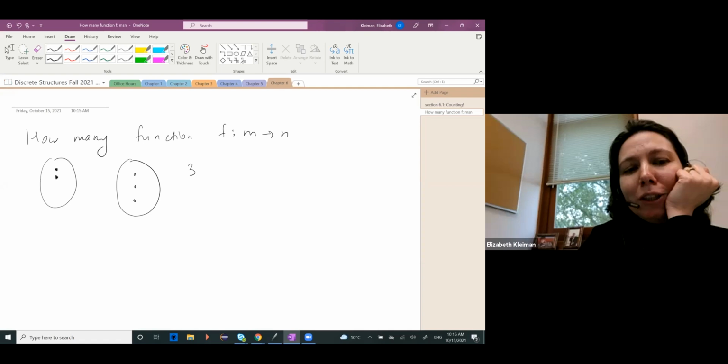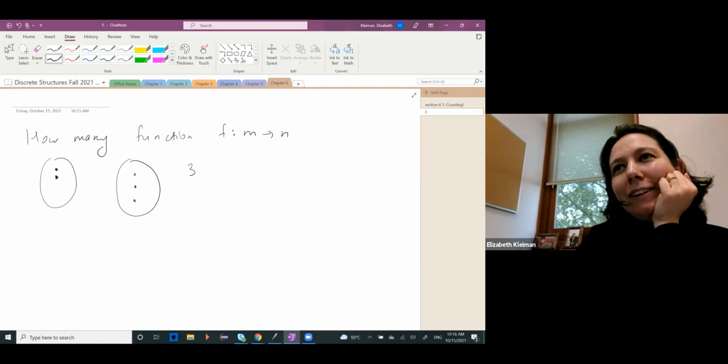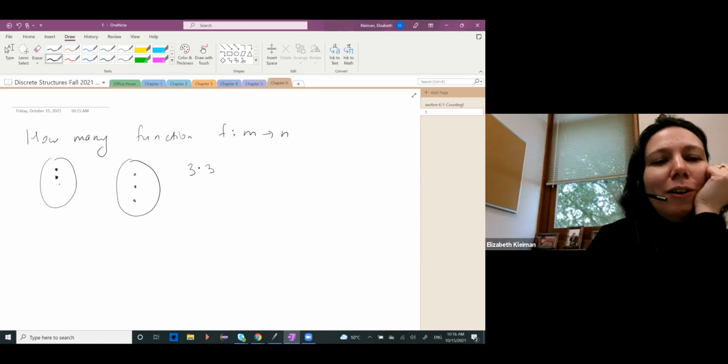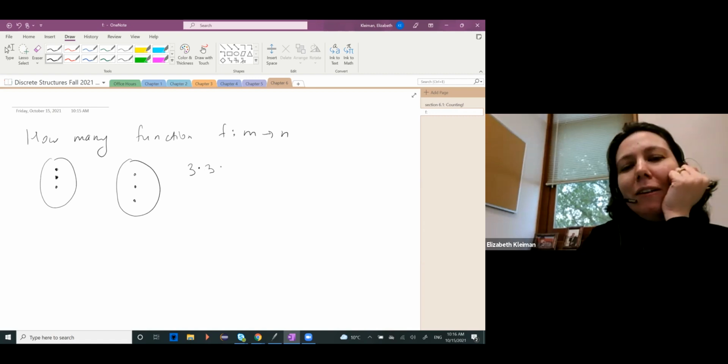How many options does my second dot have? Also 3, correct? Now, if I'm going to add one more out here, it is going to be another 3.